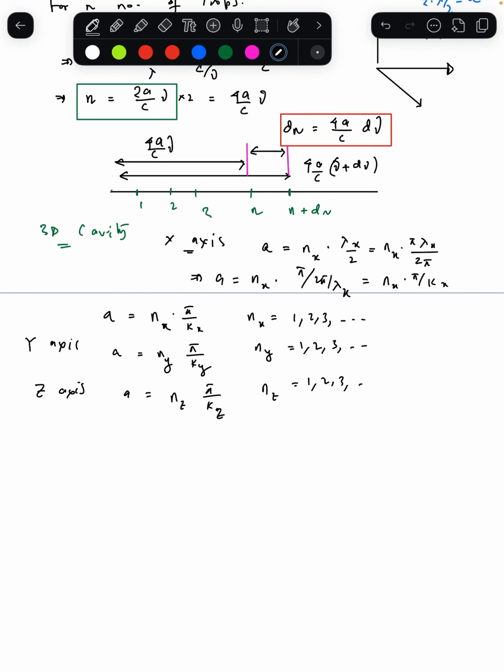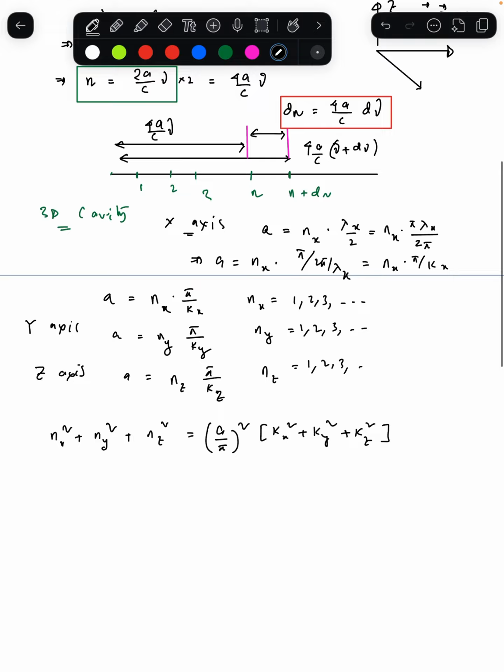Now a very interesting thing: if you square and add these equations, we get nx square plus ny square plus nz square equal to a by pi whole square into kx square plus ky square plus kz square, and kx square plus ky square plus kz square is nothing but k square.